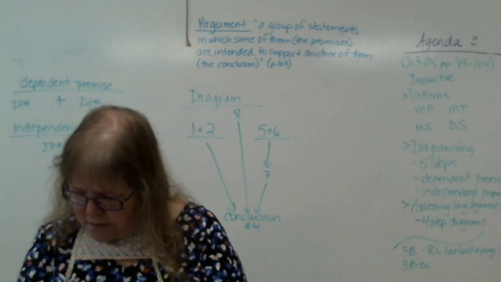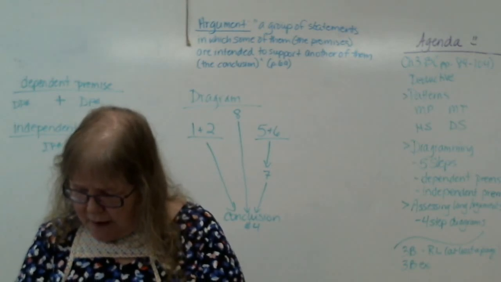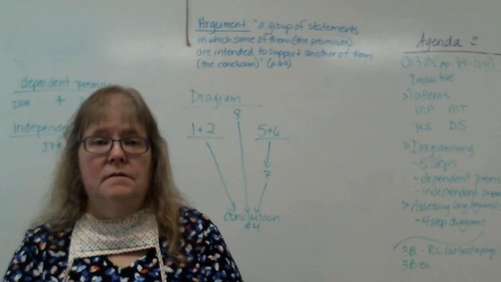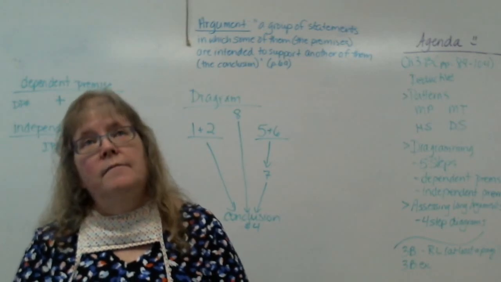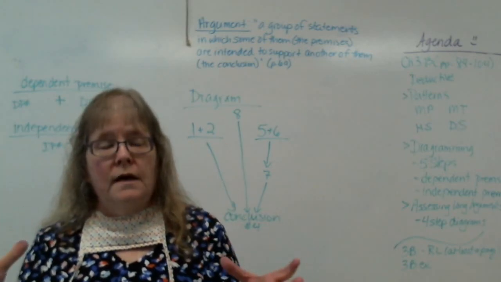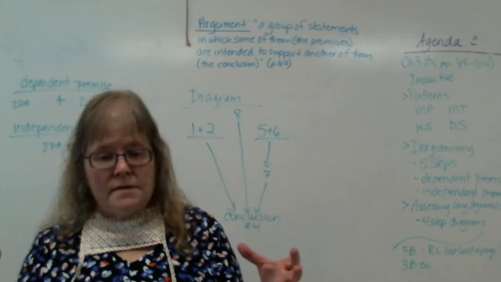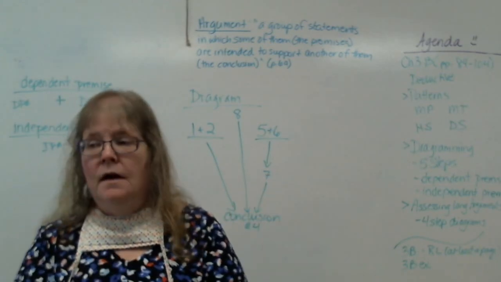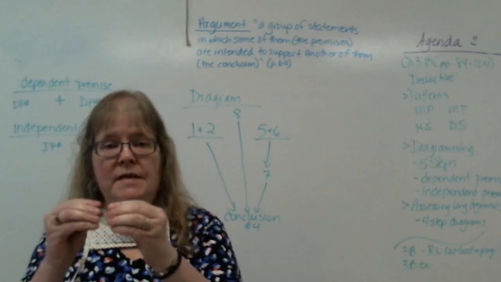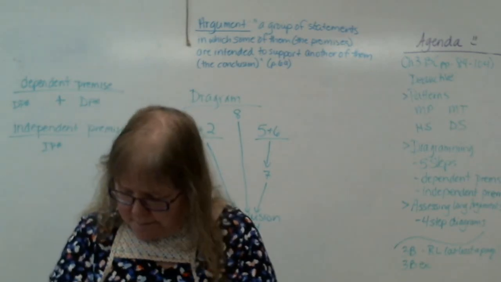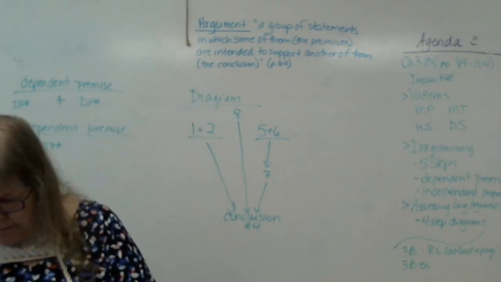Find the conclusion. Okay, and then identify the premises. They may be very long and complex. You might have to boil them down a little bit, or they might just be a piece of a particular paragraph. Okay, and then diagram.